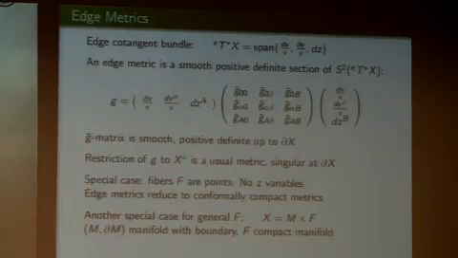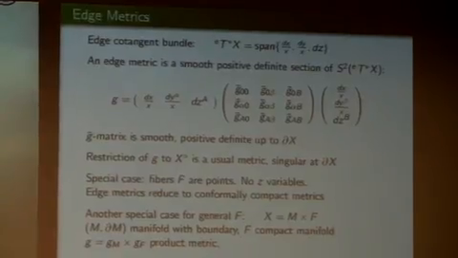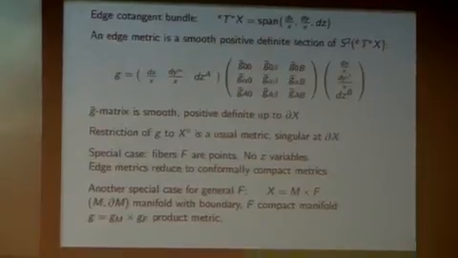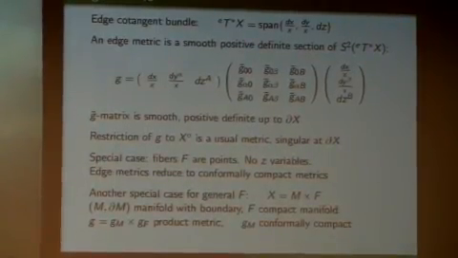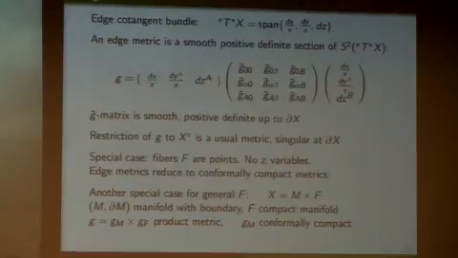We just throw away the product structure on the inside conceptually to get an edge structure, but we can remember that it's there. So then we can take an edge metric to just be a product metric of a conformally compact metric and an arbitrary metric on the compact fibers, and that is an example of a product edge metric.